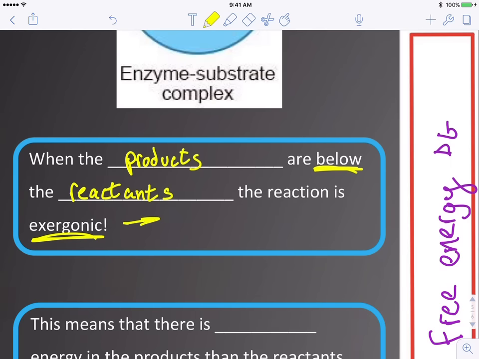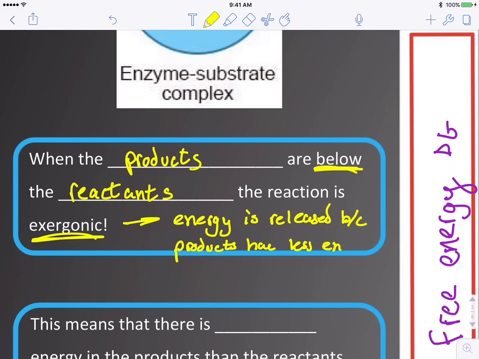Energy is released, because products have less energy than the reactants.